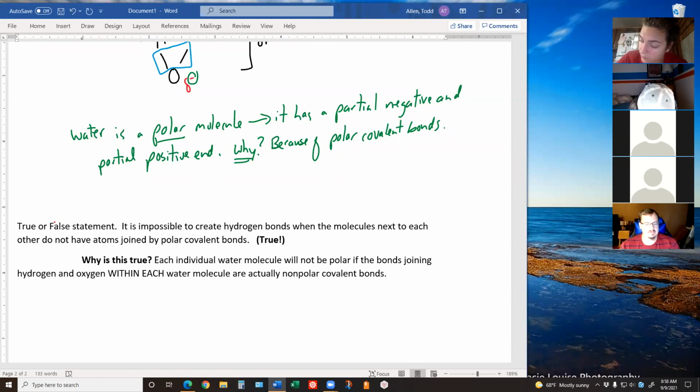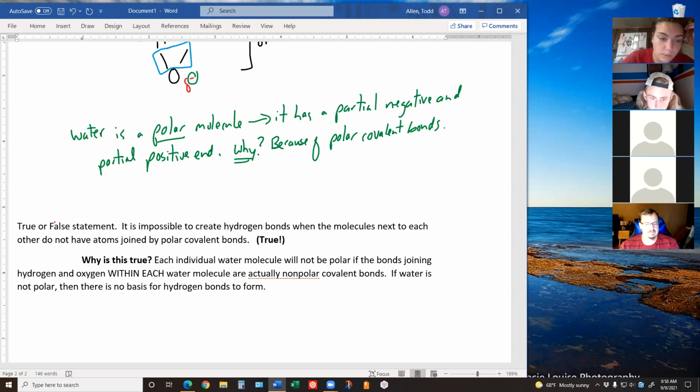If water is not polar, then there is no basis for hydrogen bonds to form.